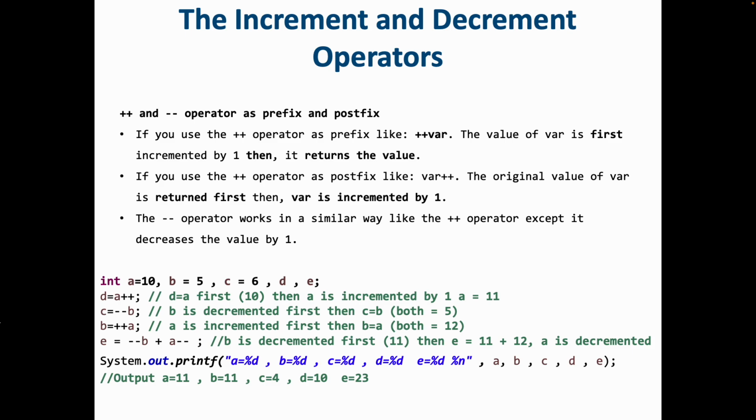And then we do the summation operation on 11 and 12, so it will be 23. So e will be 23. Once all of them are finished, we decrease a by 1, so it will be 11. So this is the main difference. If I put it as a prefix or a suffix, the order of the operation changes. Is that clear for everyone?